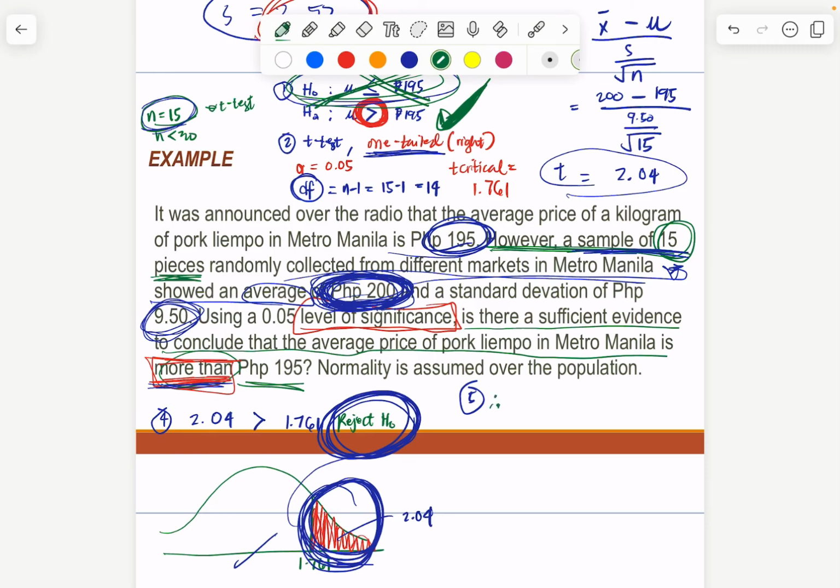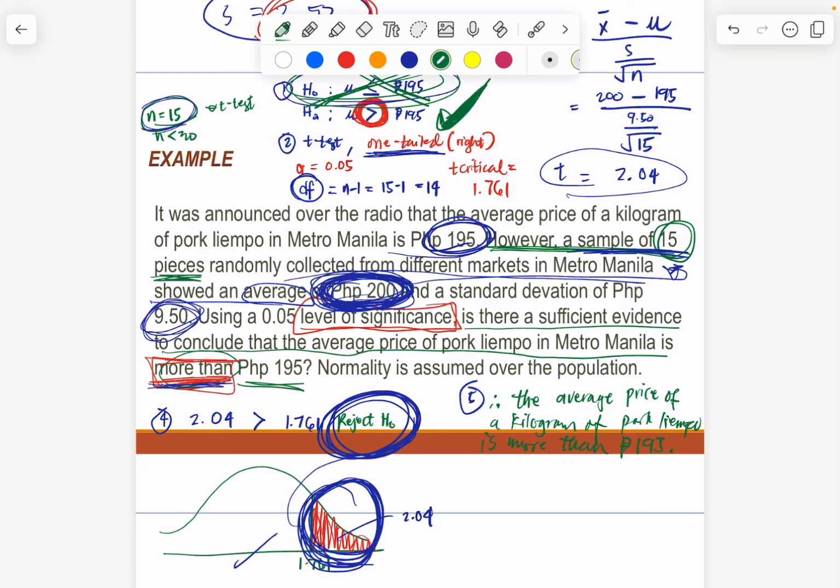Therefore, the average price of a kilogram of pork liempo is more than 195 pesos.